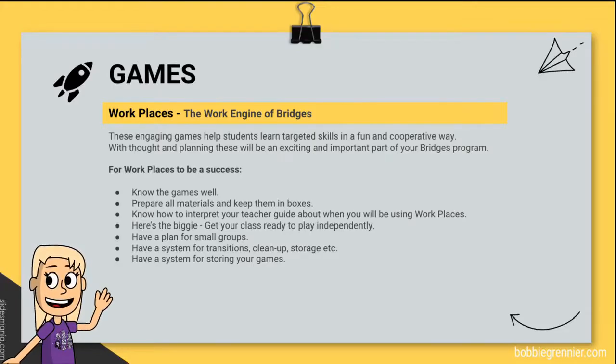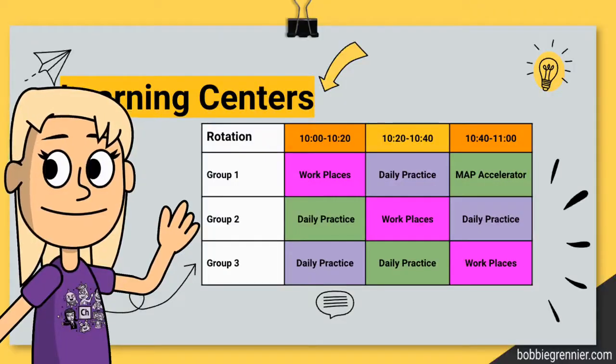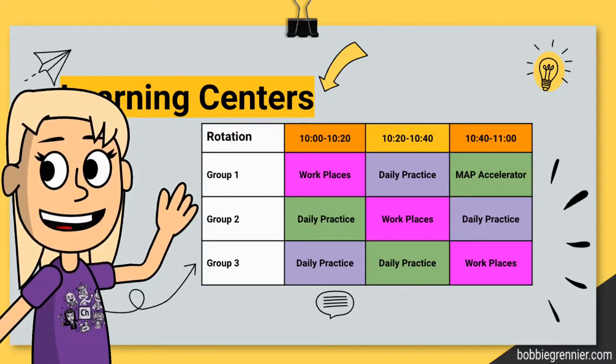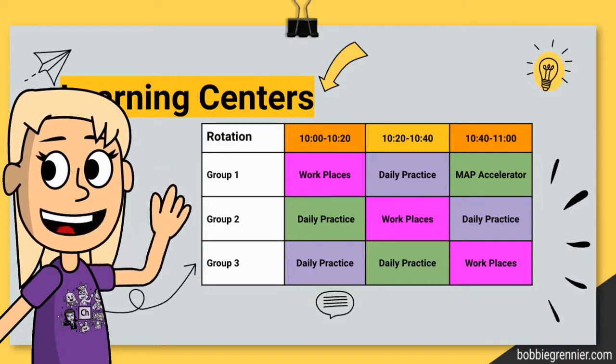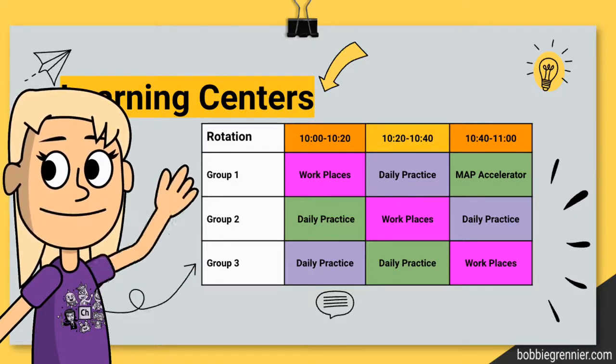Now, I've already walked you through the small group rotation. So now we're looking specifically at workplaces as one of those stations. So these are the things you're going to want to have happen inside that workstation. And I just want to point out again, like learning centers, this is a 3-group rotation, 20 minutes each.